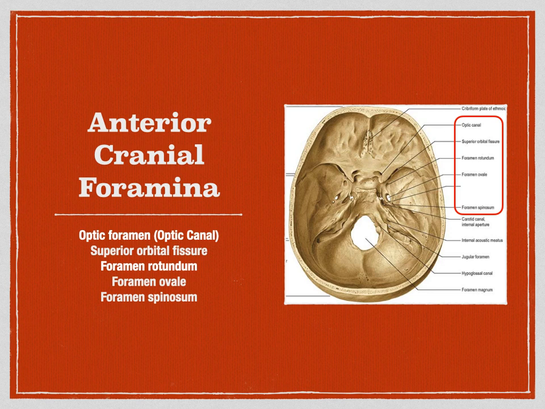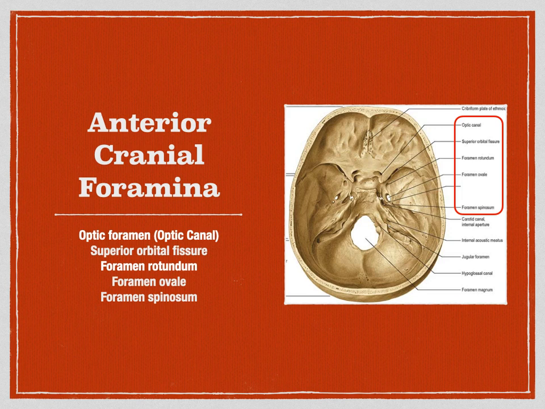One of the little memory tools that I use for this is to pronounce the funny word O-S-R-O-S, os-ros. If you have that in mind for these foramina, you can see the first O is optic, the second letter S is for superior orbital fissure.